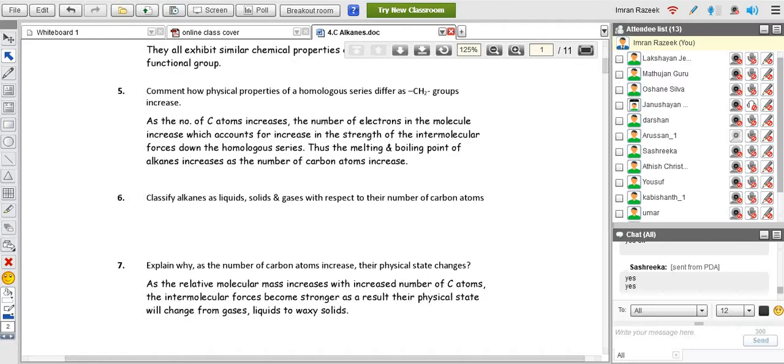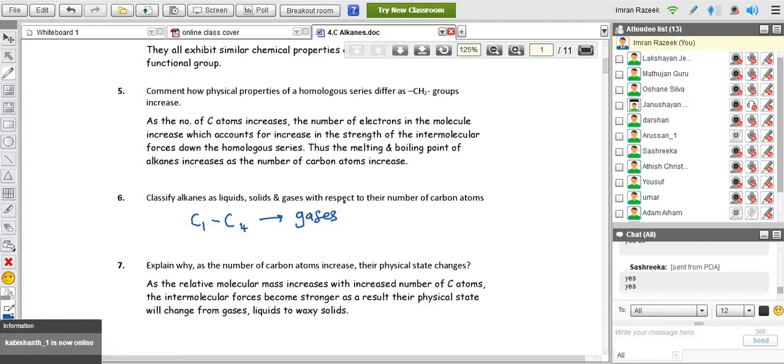Now we know, for example, the solids will have the strongest intermolecular attraction, right? As for the liquids, they are quite weaker than the solids, and the gases will have the weakest intermolecular attraction. So therefore, in the homologous series from C1 to C4, they are classified as gases. As for C5 to C15, they are liquids.